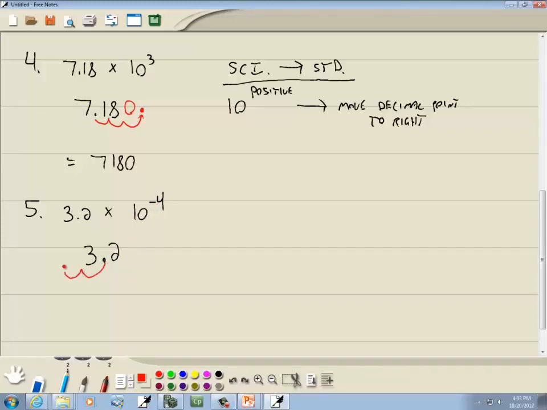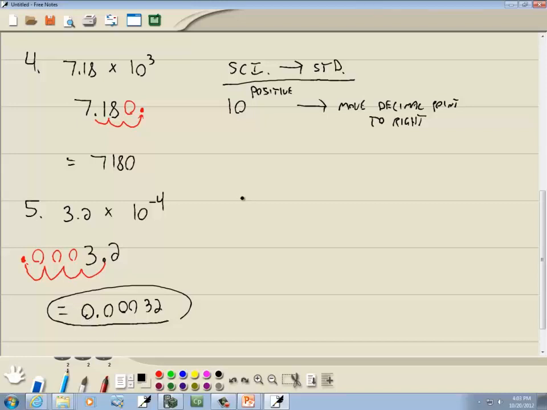So move it 1, 2, 3, 4. And this is where my decimal will be. I had to put zeros in here for these missing digits. So our answer is going to be 0.00032. Typically you put a 0 before the decimal just so you don't lose track of it.